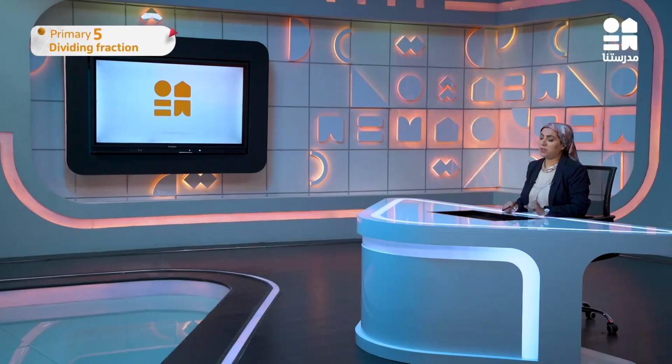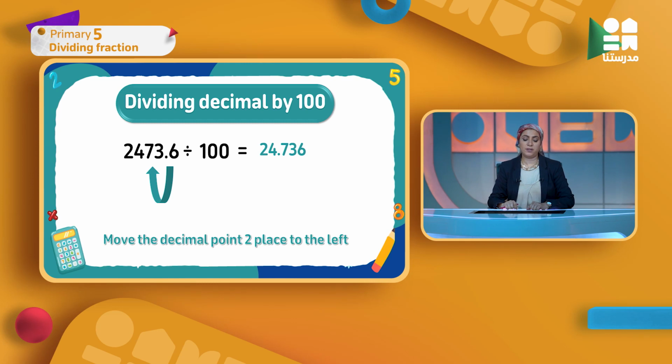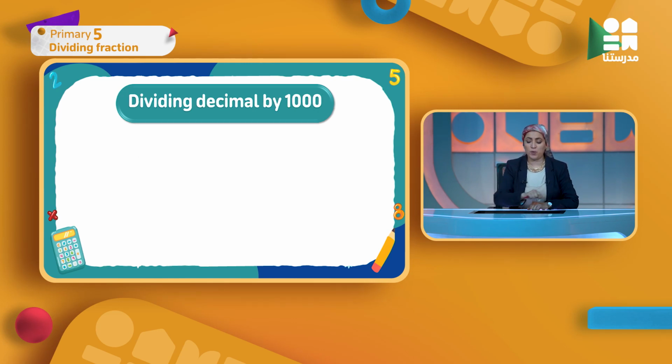Remember, this is division. So in division, we have to move the decimal point to the left. And how many places am I going to move it? I have 2 zeros here, so I will move it 2 places. Then it will be 24.736. I moved the decimal point 2 places to the left. Now let's try it with the 1,000.